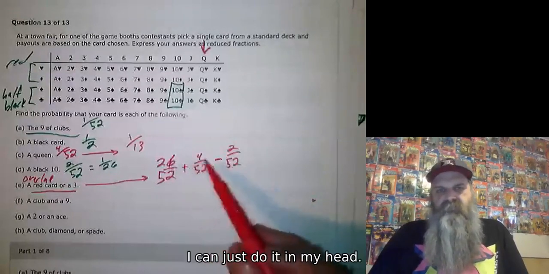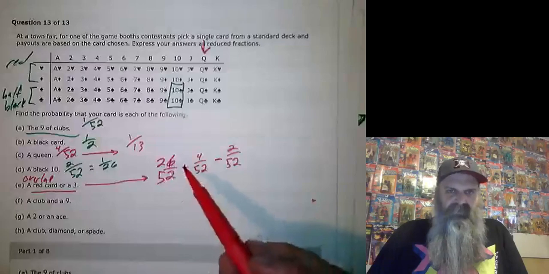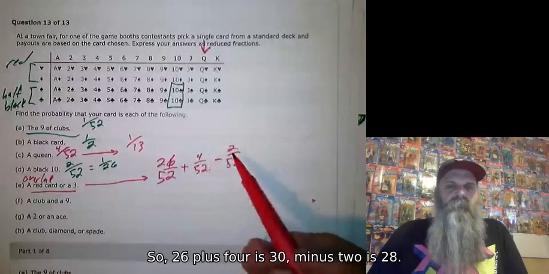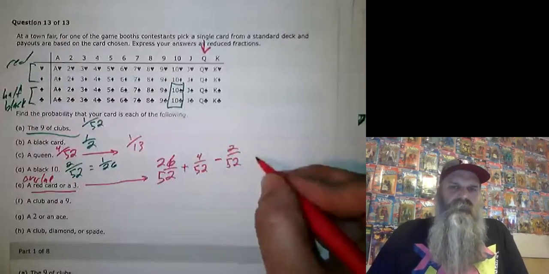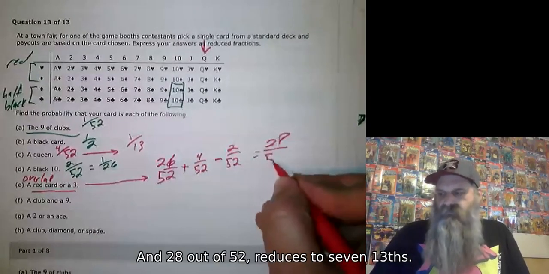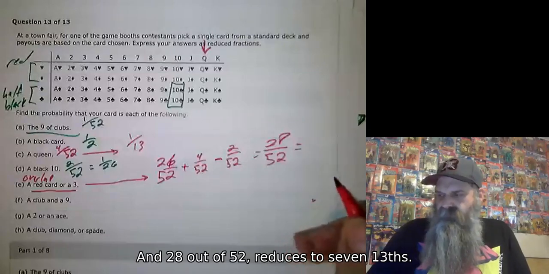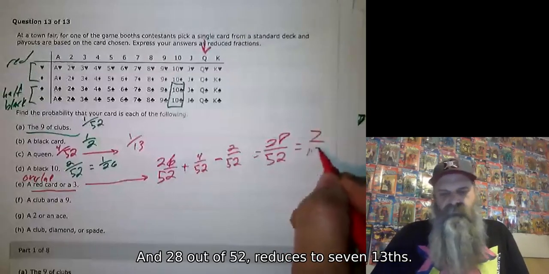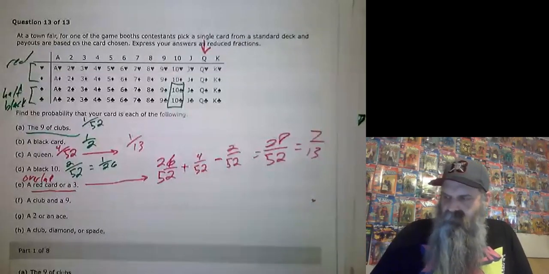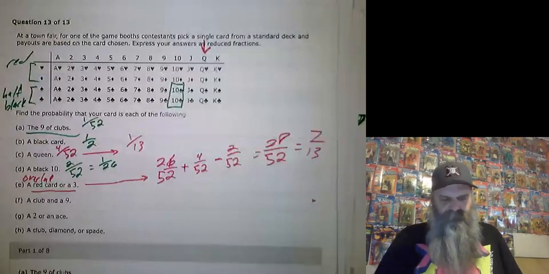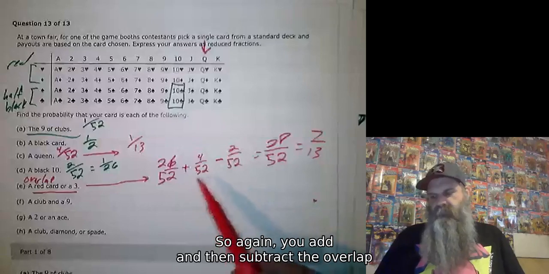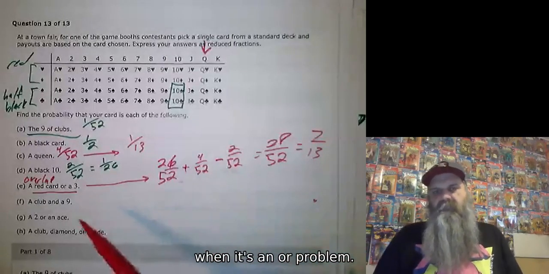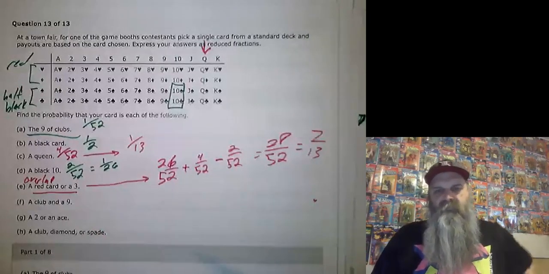And now if my denominators are the same, I can just do it in my head. So 26 plus 4 is 30, minus 2 is 28. And 28 out of 52 reduces to 7/13. So again, you add and then subtract the overlap when it's an or problem.